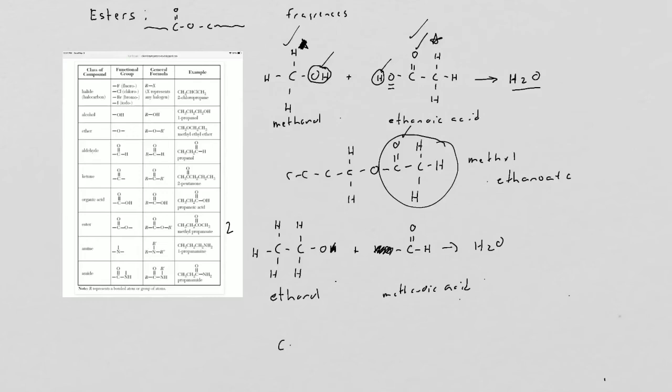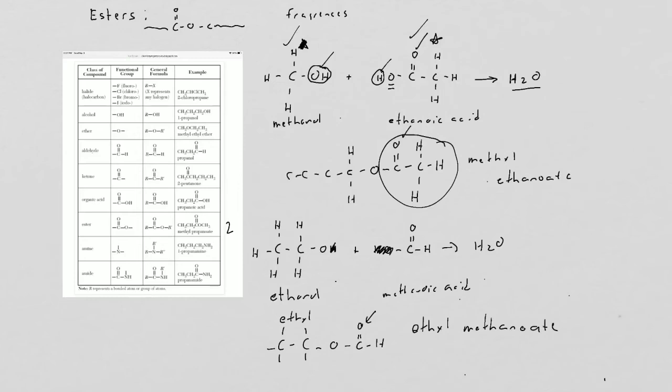So what we'll have is a 2 carbon thingy with an oxygen connected to a 1 carbon thingy with the double bond O on it and the H, and I'm going to put all the other H's in like this. And what this right here will be is the ethyl. So this will be the ethyl over here, and because this has the extra O on there, that's going to become the methanoate. So this is going to be called ethyl methanoate.